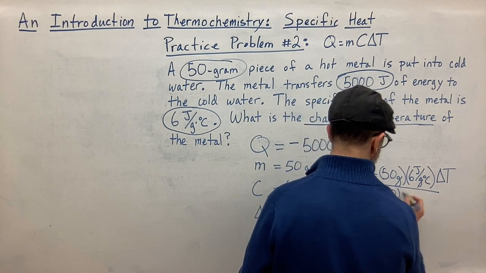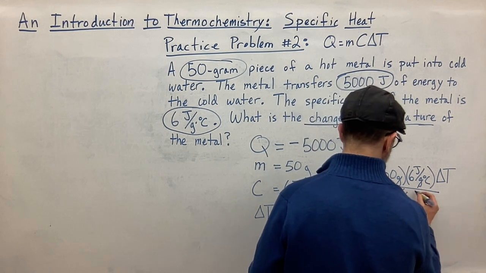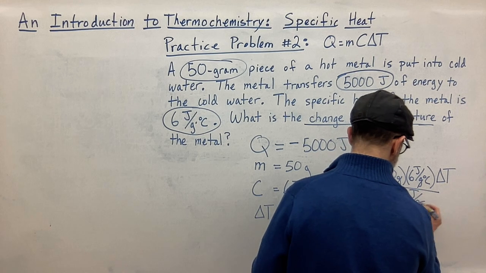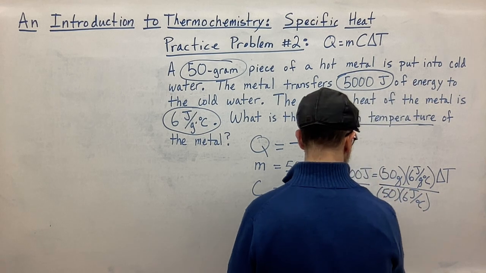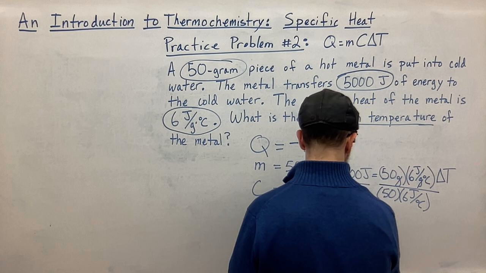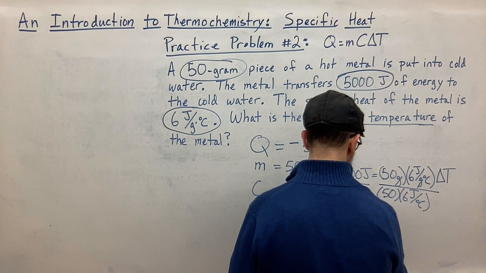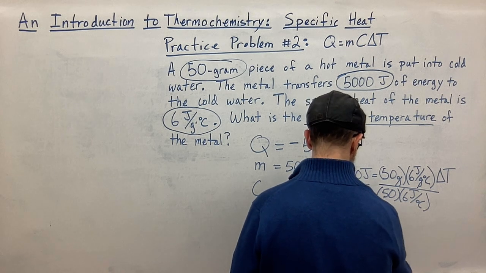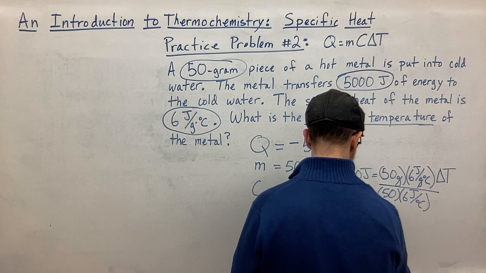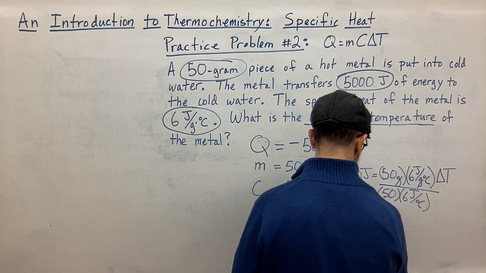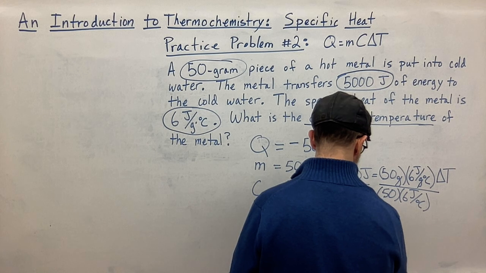So it's going to be 50 times 6 joules over degrees Celsius. Divide this by 50 times, oops, I forgot the 6, 6 joules over, the grams are gone, degrees Celsius.